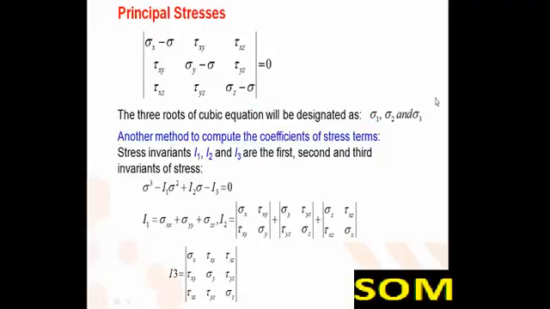If we solve these equations, which form a cubic third order equation, we will get three values of stress, sigma 1, sigma 2 and sigma 3. These values are known as the principal stresses. Another way of solving this is to compute the stress invariants. Stress invariant I1 is given by the sum of the diagonal elements, sigma x plus sigma y plus sigma z.